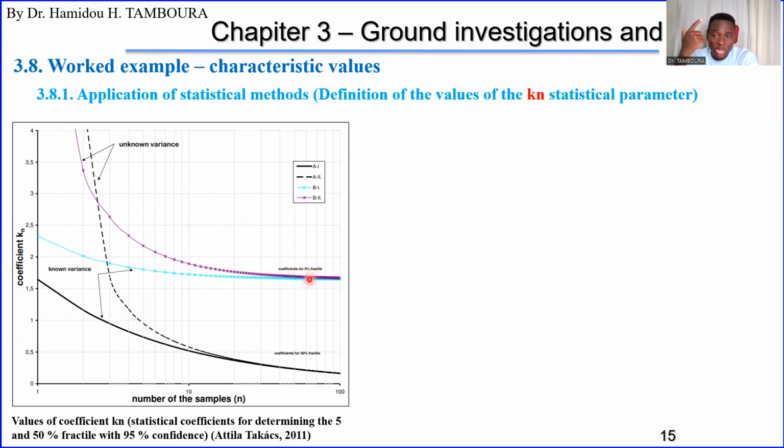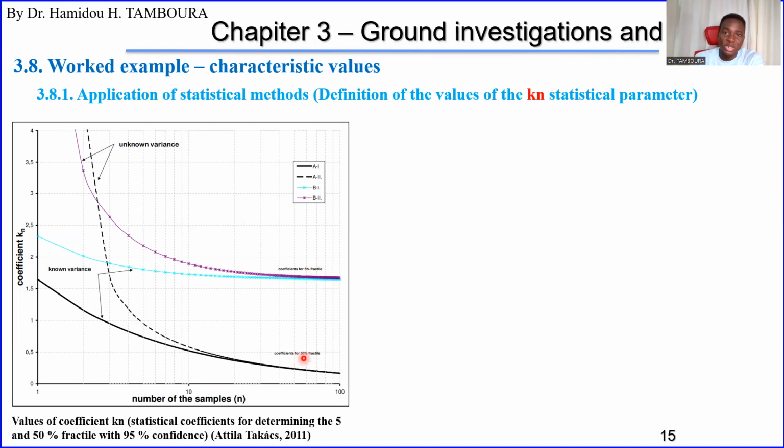Do you remember which one of for us is 5% fractile? If it in the case of the footing, the extreme value, if you want also 5% fractile, but for 50% of fractile, it means mean value. Okay, that is for the case of slip surface. Do you remember?